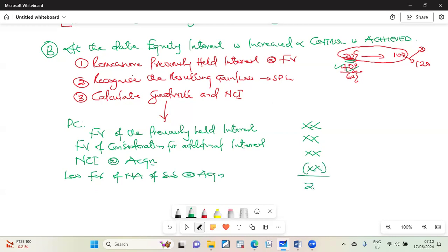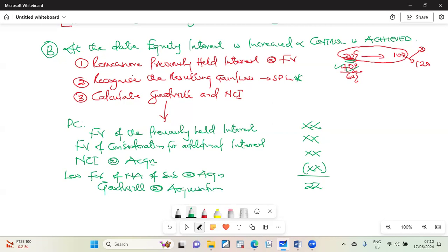The only thing that has come in is that the previously held interest, we have revalued it, and immediately we revalue, don't forget the second step: you do the gain or loss. This is how you get your goodwill. If there is any goodwill impairment, then you also consider that. So what you have here is your goodwill at acquisition.